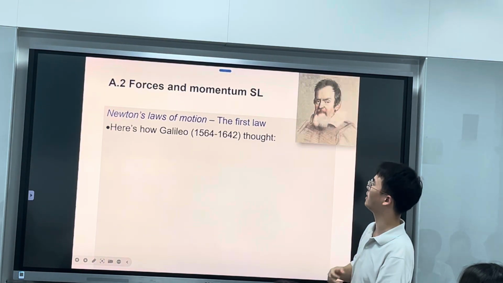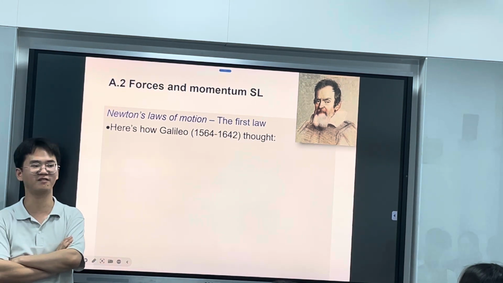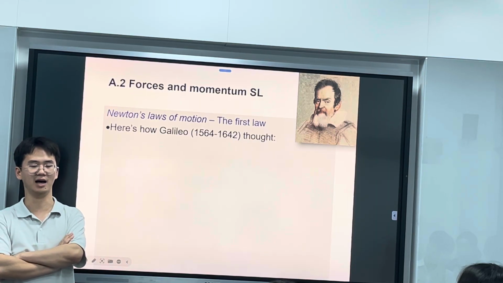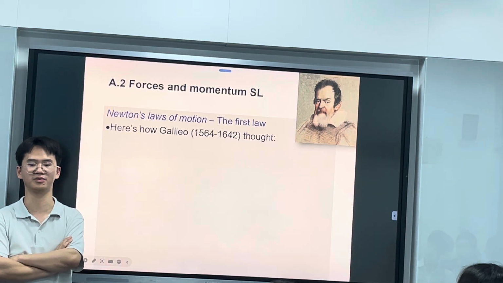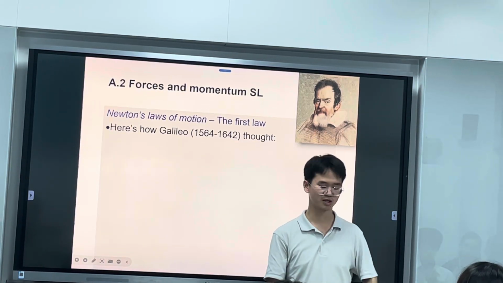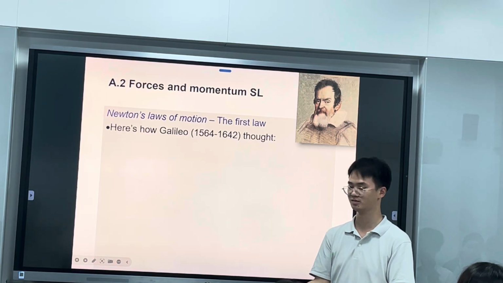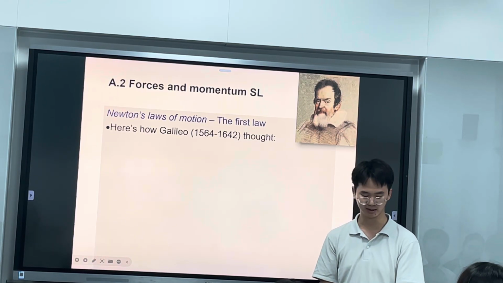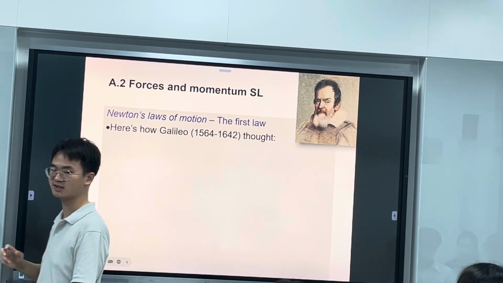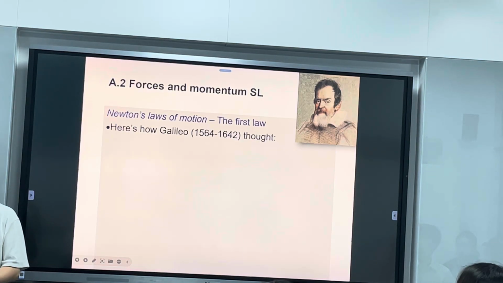Before Galileo, people tended to think that force is the reason that keeps things moving. Because if you don't apply force to it, the thing will never move. So in order for it to keep moving, you need to constantly apply a force. That seemed correct in ancient times. Galileo was the first scientist that stood up and challenged this view of the world.